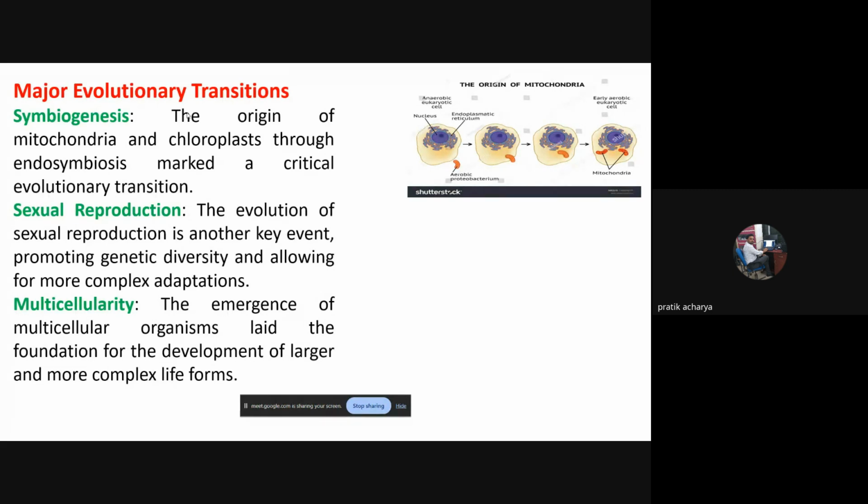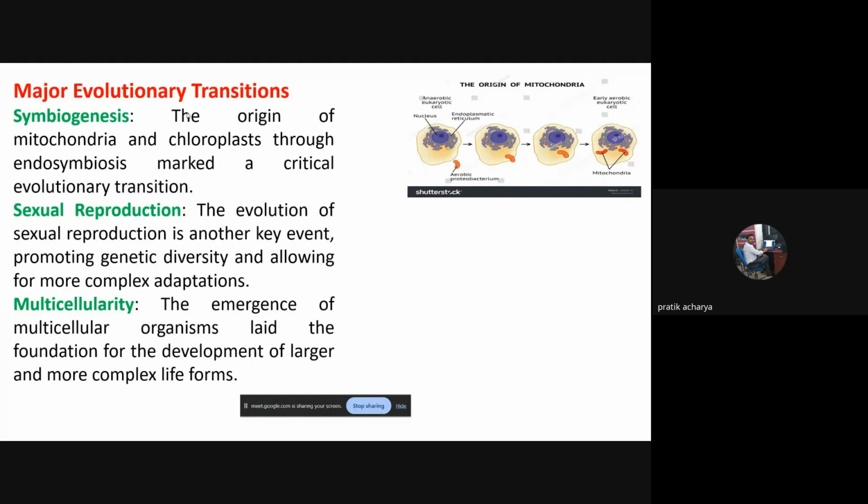Sexual reproduction is another evolutionary transition. Multicellularity, everything we have discussed. Sexual reproduction is one of the important causes, because when there is sexual reproduction, there is a recombination factor. If recombination occurs, that leads to change in the structural property, because exchange of genetic material occurs.